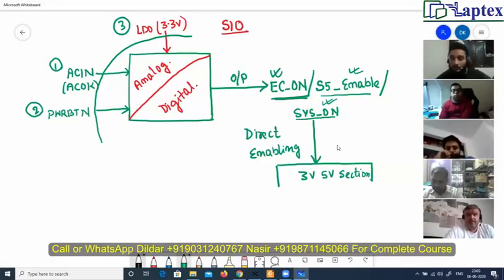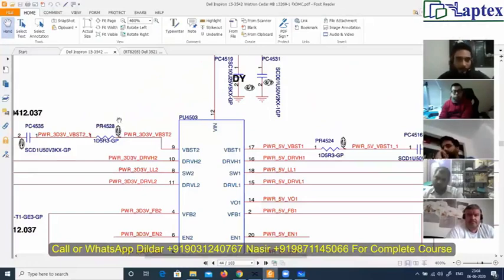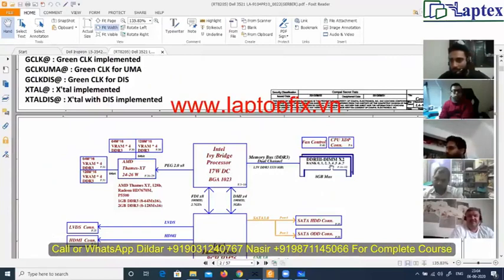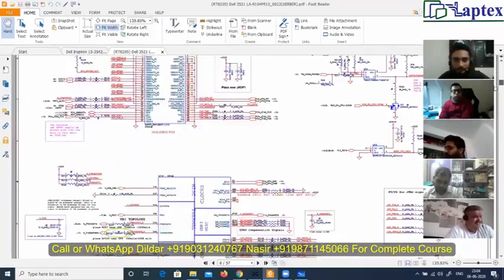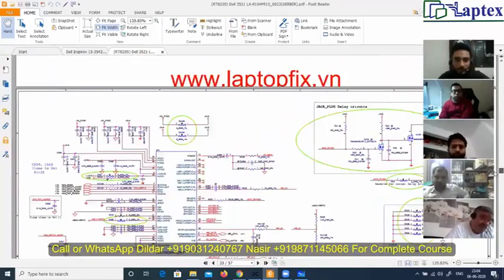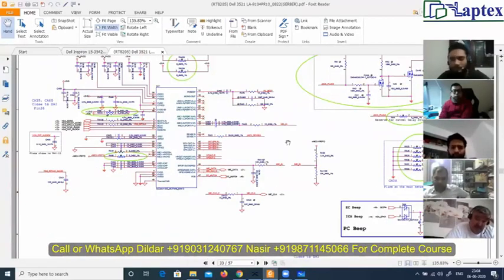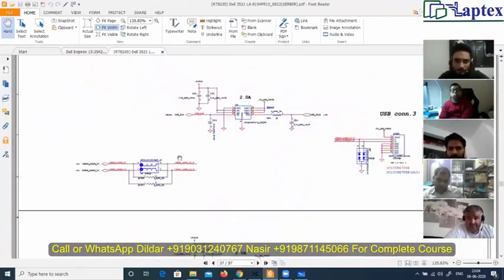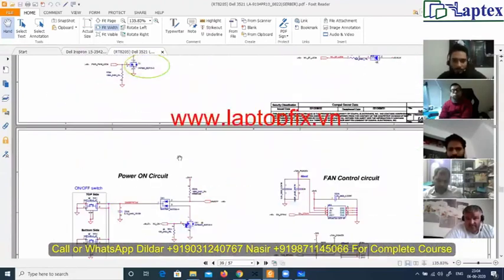Now we'll go to the schematic. The first schematic. My favorite board. 3521. So this board is an always board or suspend board?